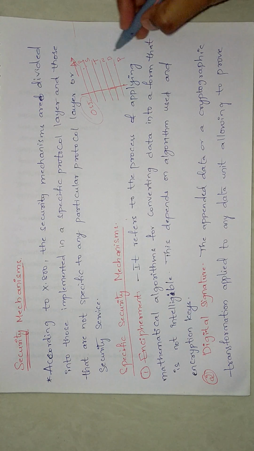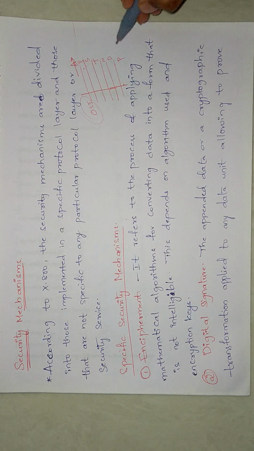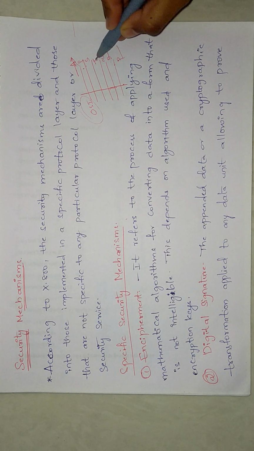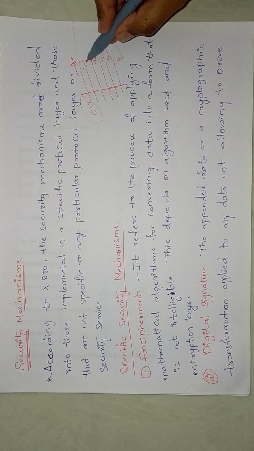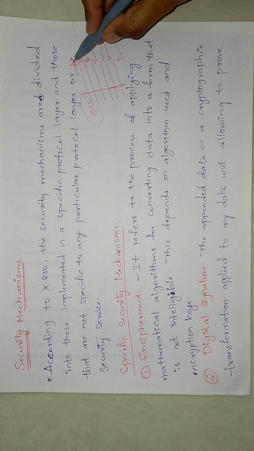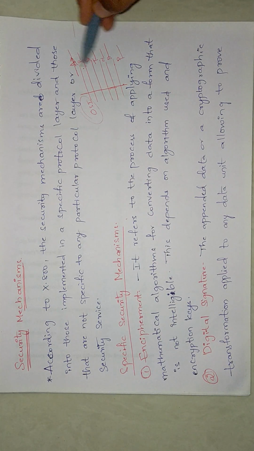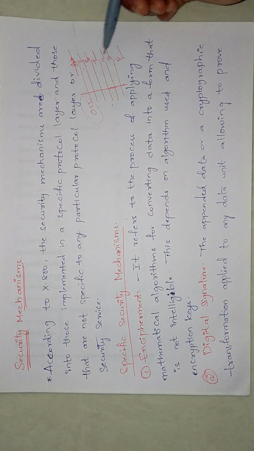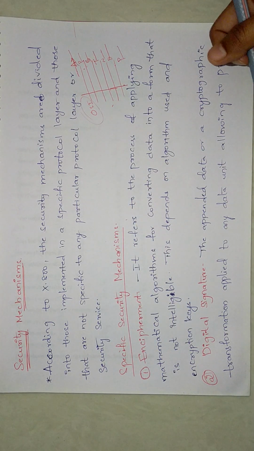I'm just telling the names of the layers: physical layer, data link layer, network layer, transport layer, session layer, presentation layer, application layer. So all these are the 7 layers of the OSI model. These security mechanisms are applied to only some specific layers based on the type of security mechanism.